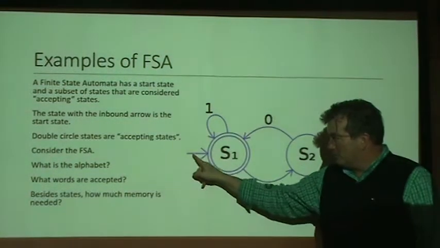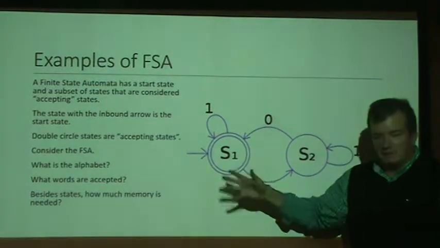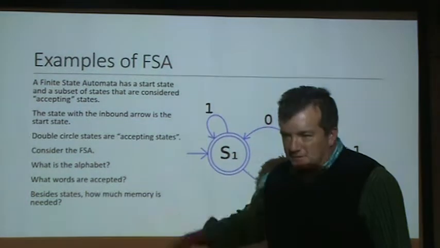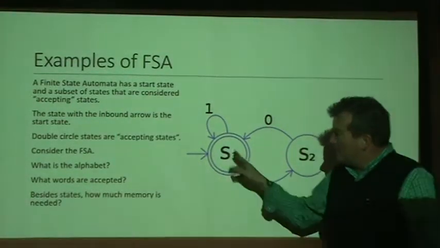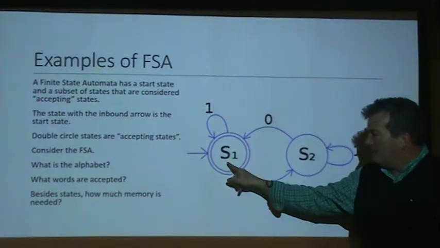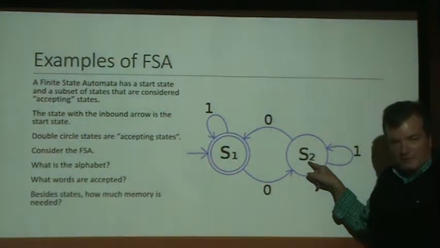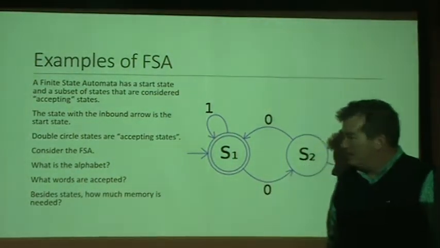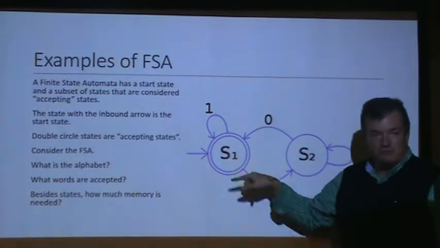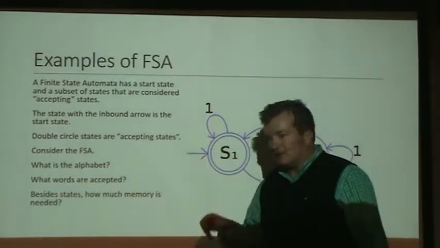It could be an empty string, because I immediately start in a yes state. So even if there's no input, I say yes. A blank input is part of my language. I can have as many ones as I want, but if I have an odd number of zeros, string is unacceptable. If I have an even number of zeros, string is acceptable.